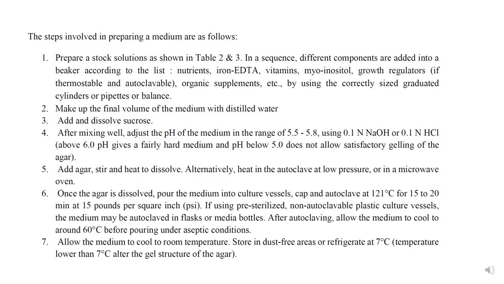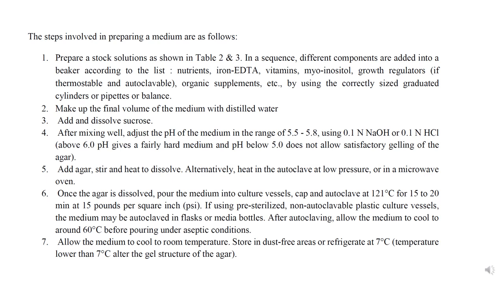So what are the steps involved in the preparation of the medium? As we have just discussed, first we prepare a stock solution using tables 2 and 3. These tables are given in any tissue culture book, and in a sequence we add micronutrients, macronutrients, iron, EDTA, vitamins, and then we make the final volume of the medium with distilled water.